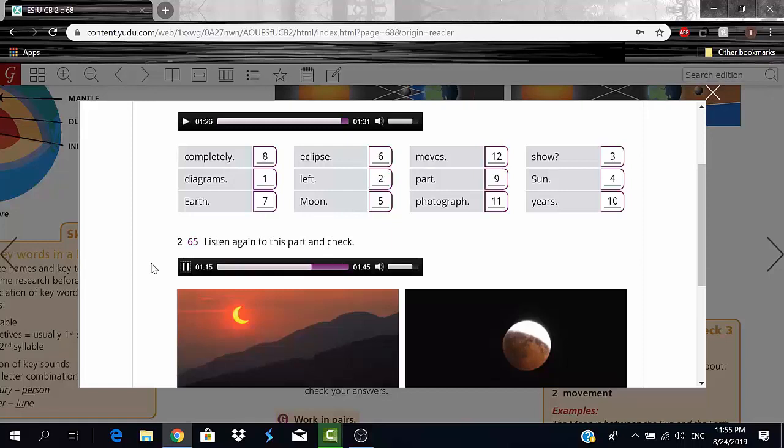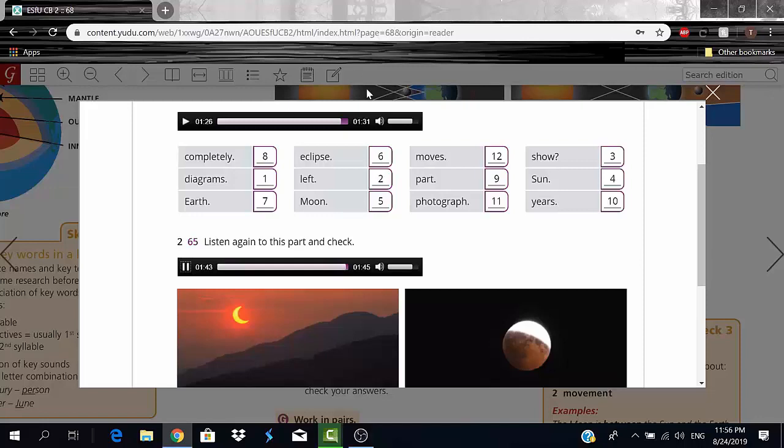We call this kind of eclipse partial, from the word part. 10. On average, total eclipses only happen once every 100 years. 11. Look at the diagram under the photograph. 12. The red arrows show the way that the moon moves.